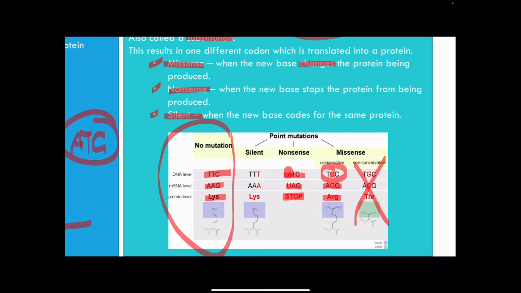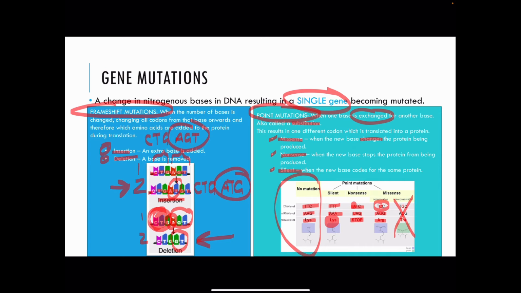Finally, with a silent point mutation, we've had this mutation here, okay, so the C has been substituted by a T. Therefore, at the mRNA level, we've got an AAA instead of an AAG, okay. We still, however, have the same amino acid, lysine, added to the chain. And that's because both AAG and AAA happen to code for that same amino acid, alrighty.